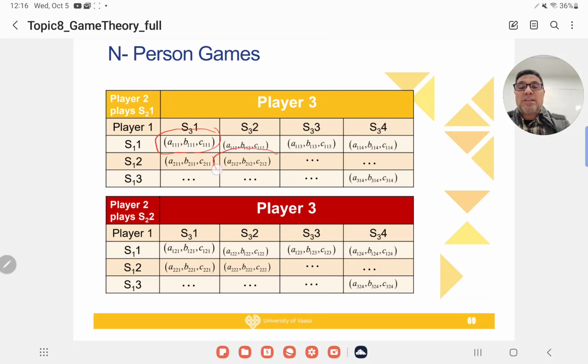And if you take A212, it means the payoff of player 1 if player 1 plays the second strategy, player 2 plays the first strategy, and player 3 plays the second strategy, and so on. So you can simply build them in this way, and it is quite straightforward to implement them in code if you are coding this game theory on a computer. It will be multidimensional matrices. Okay.